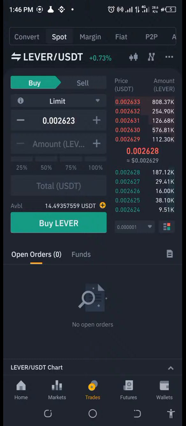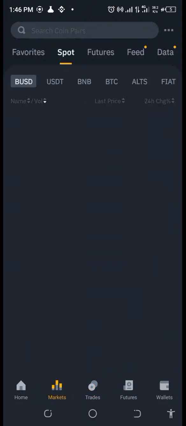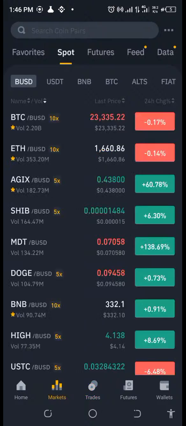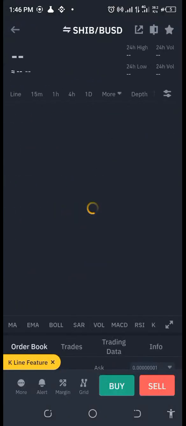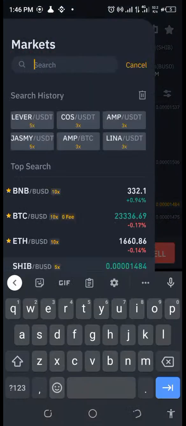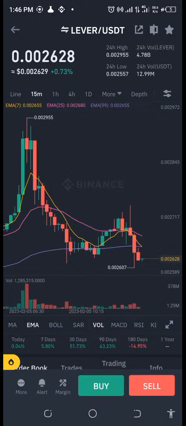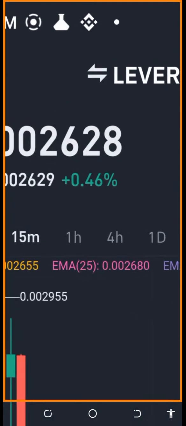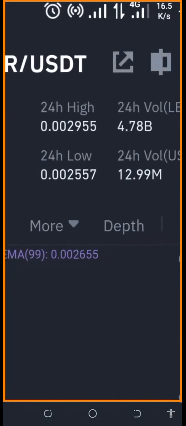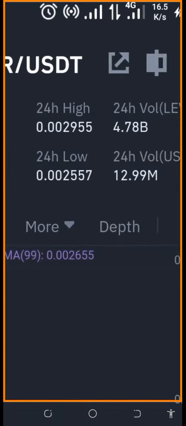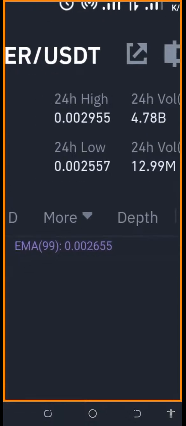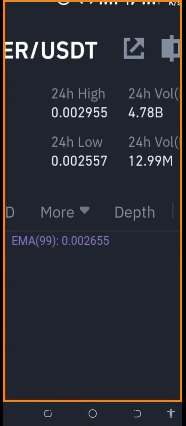Let's go back and check the high and low. Let's choose any coin and change it to Lever USDT. Okay, so what we have here, if you check very well, is 2628, but we're not going to buy at that price. We're going to buy at a lower price because the low is 2557.